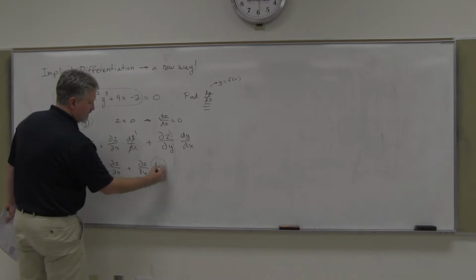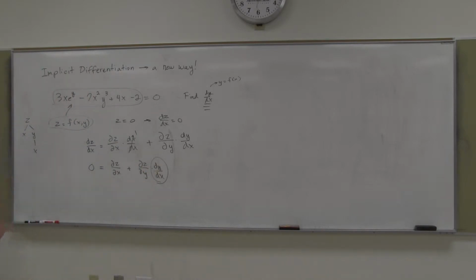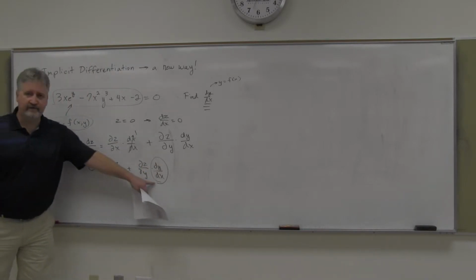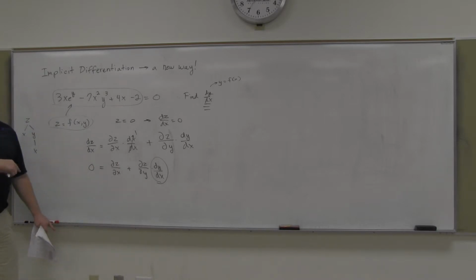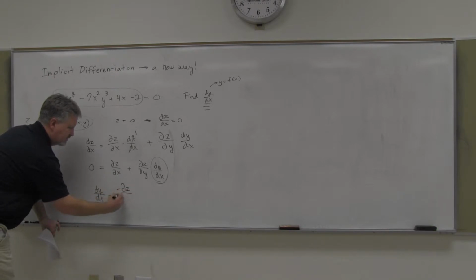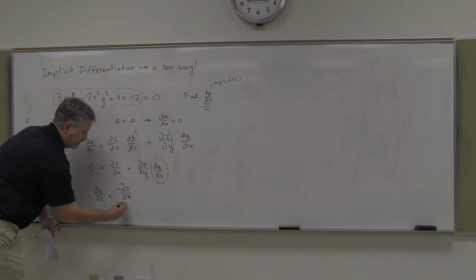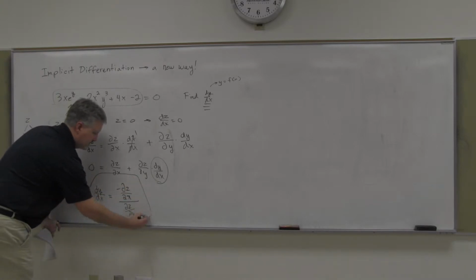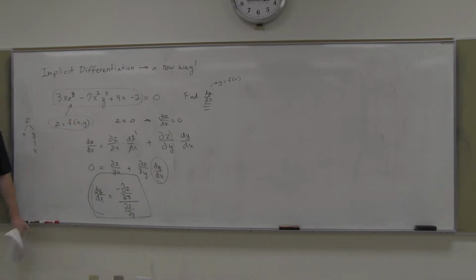Well, this is what I'm trying to solve for, okay? Dy over dx. So if I solve that for dy over dx, here's what I get. Subtract the partial of z, partial of x, and then divide off the partial of z with respect to y. New way to get dy over dx right there.